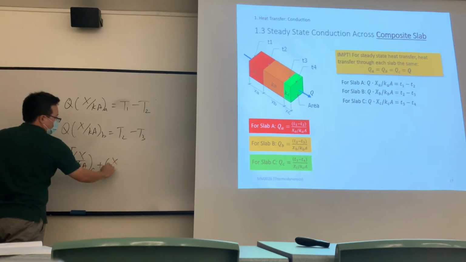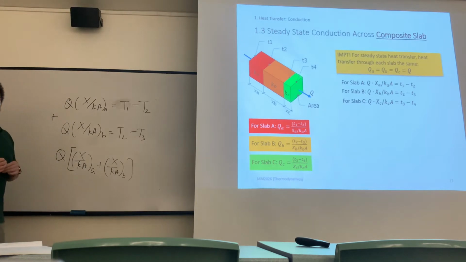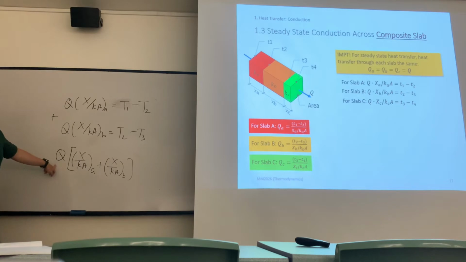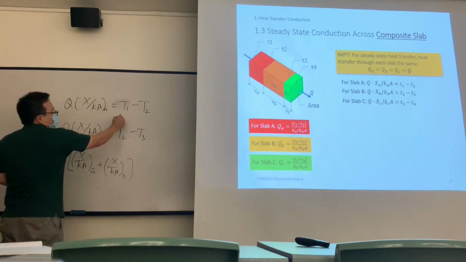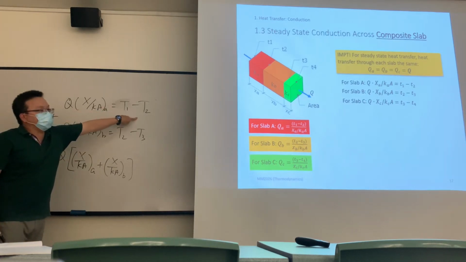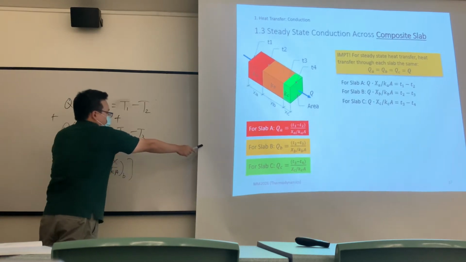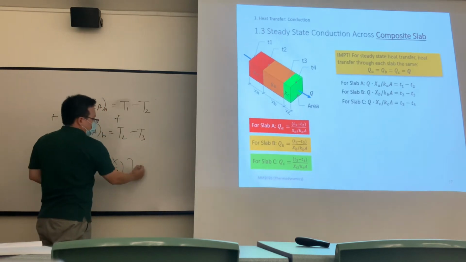Correct, right? Then the common factor goes outside. Now, what happened to the temperatures here? I get T1 minus T2 plus T2 minus T3. So what do I have? T1 minus T3. Very good.